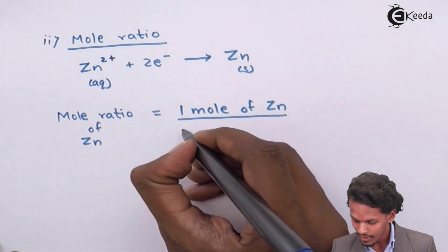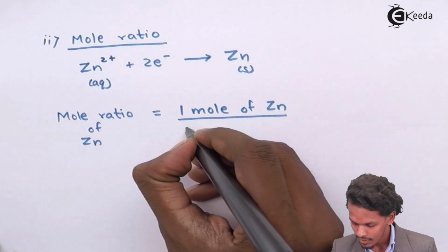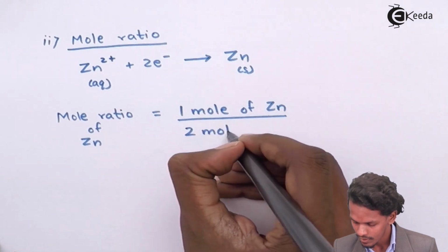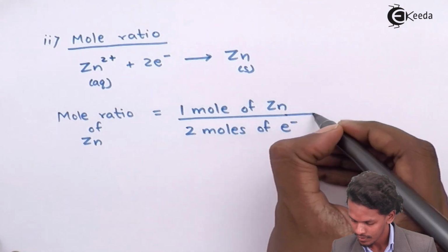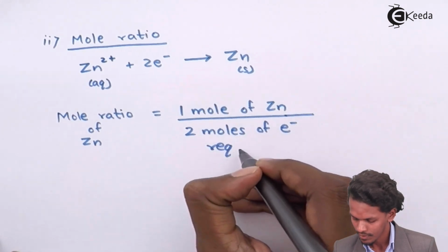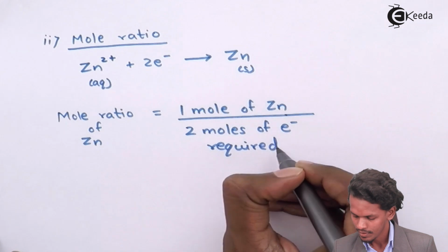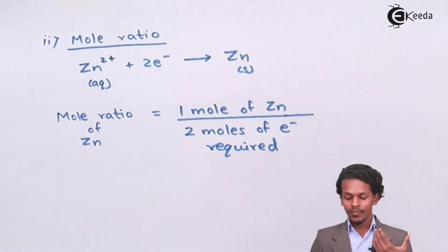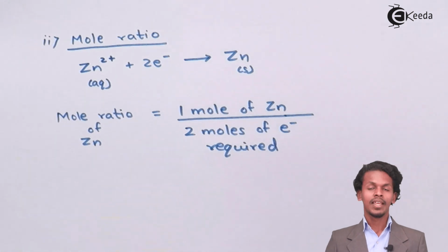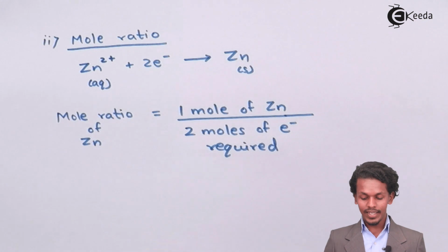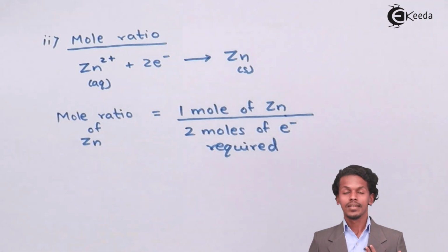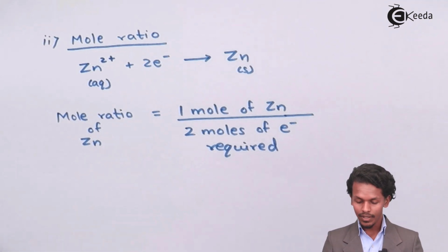Therefore the mole ratio will be 1 mole of zinc divided by the 2 moles of electrons required in this process. Similarly we could calculate the mole ratio for copper also. How?